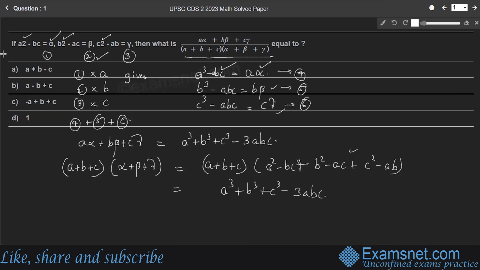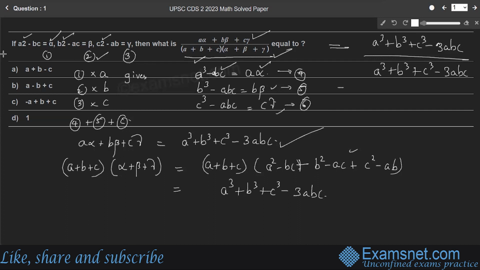Therefore, the given expression is a cube plus b cube plus c cube minus 3abc divided by the denominator, whose product of terms is also a cube plus b cube plus c cube minus 3abc. Therefore, we get the answer as 1, option D.